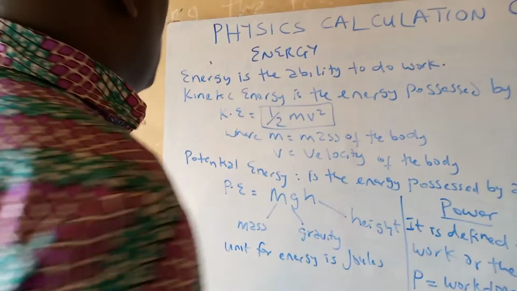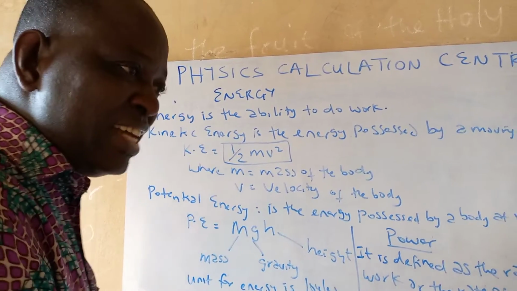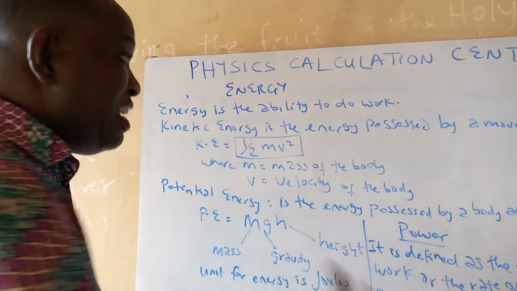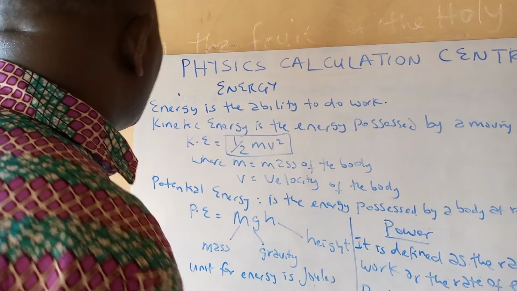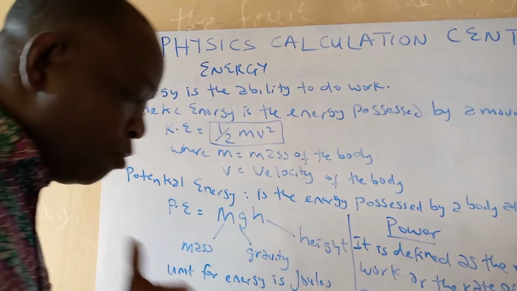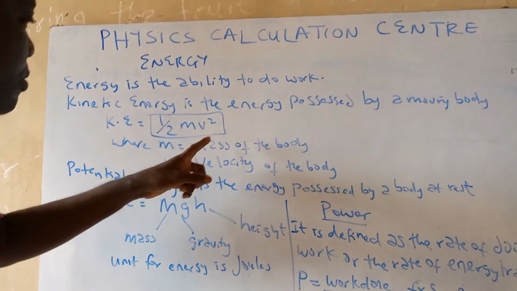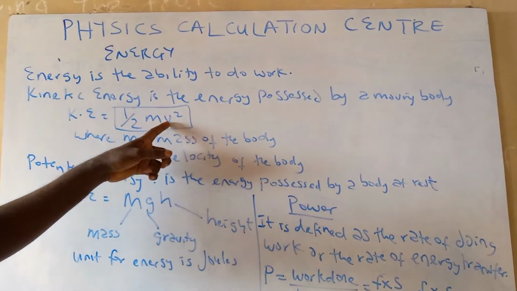Footballers or sportsmen need energy from beverages, the food they eat, or other sources. Under energy, we have kinetic energy: when you're moving, the energy that you possess is called kinetic energy, and that explains why you have a velocity there, because it has to do with movement.